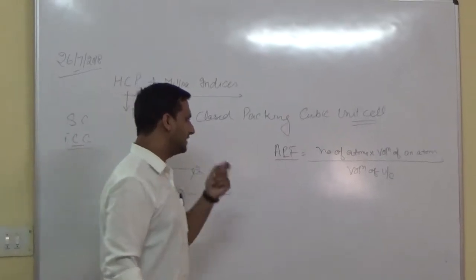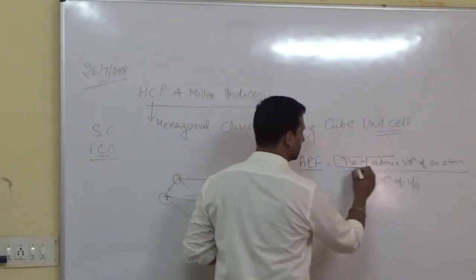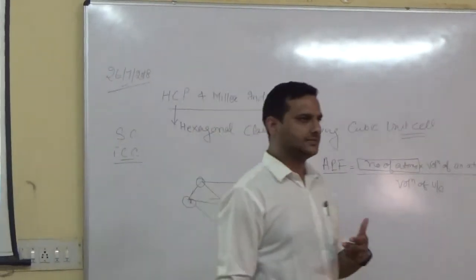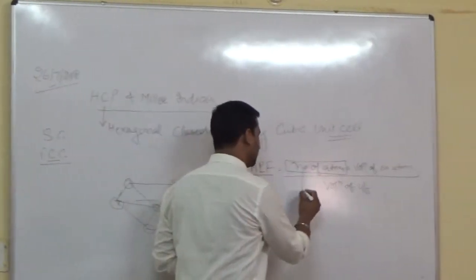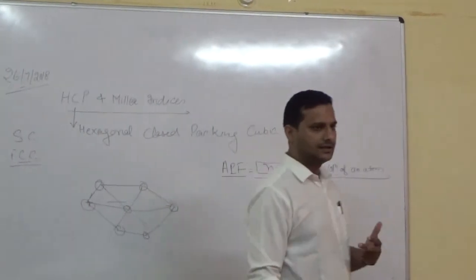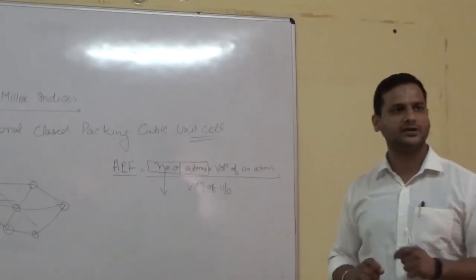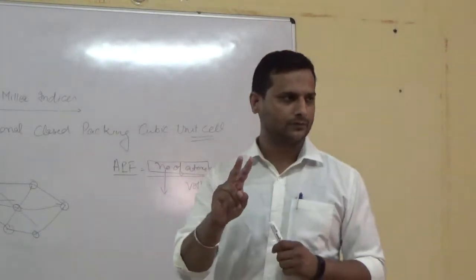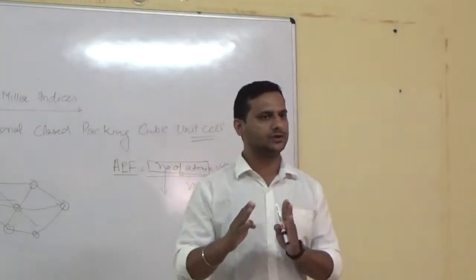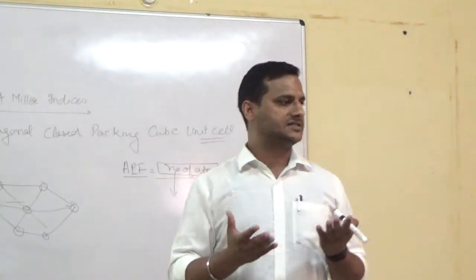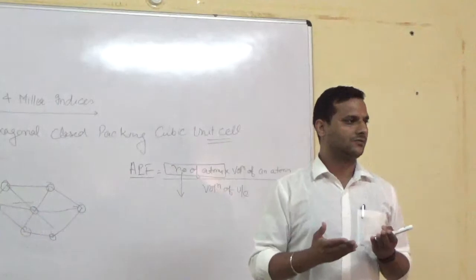Okay, so the basic problem for calculating APF for the HCP structure: how can we calculate the number of atoms? As we already discussed in the last class, the number of atoms in body centered is 2, the number of atoms in a simple cubic is 1, and the number of atoms in FCC is 4.